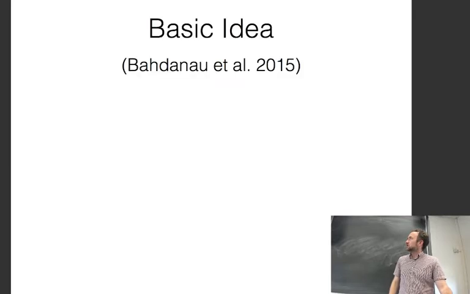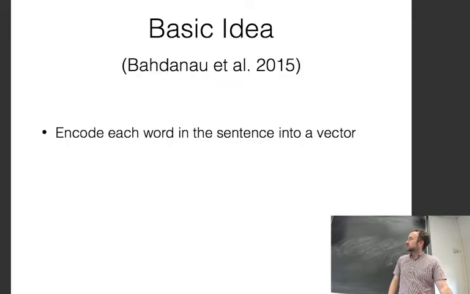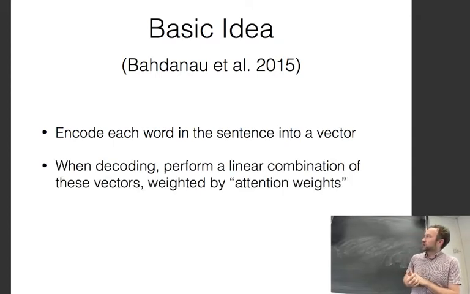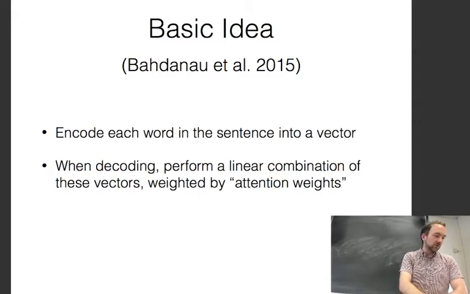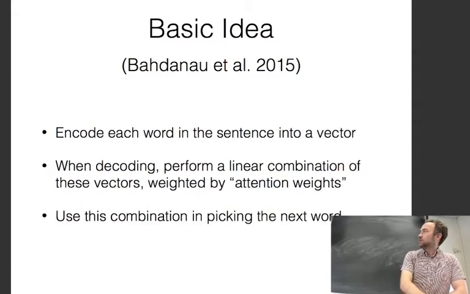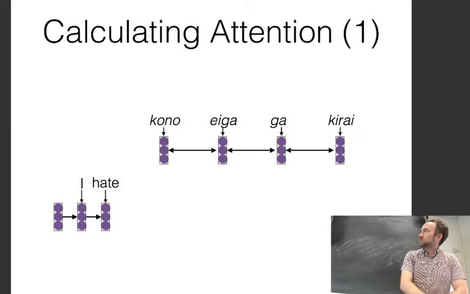So the way attention works, the basic idea is we encode each word in the sentence into a vector. And when decoding, we perform a linear combination of these vectors weighted by attention weights. And we use this combination in picking the next word. So an example of this is, let's say we have our source up here.